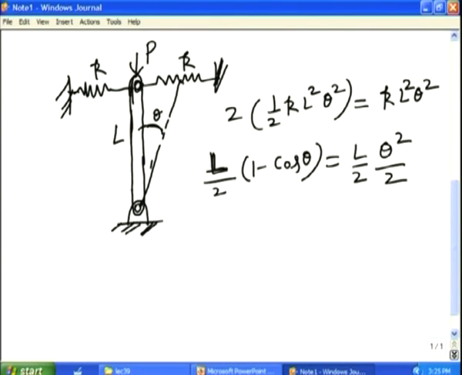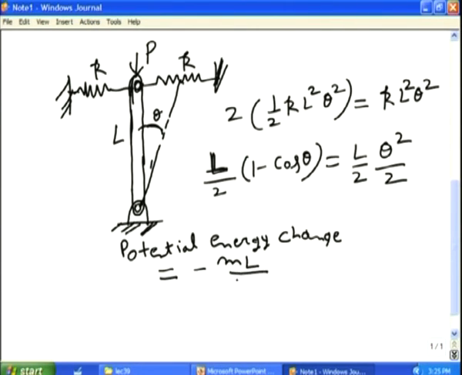So the potential energy change of the rod due to this is equal to minus m g L by 4 theta square.